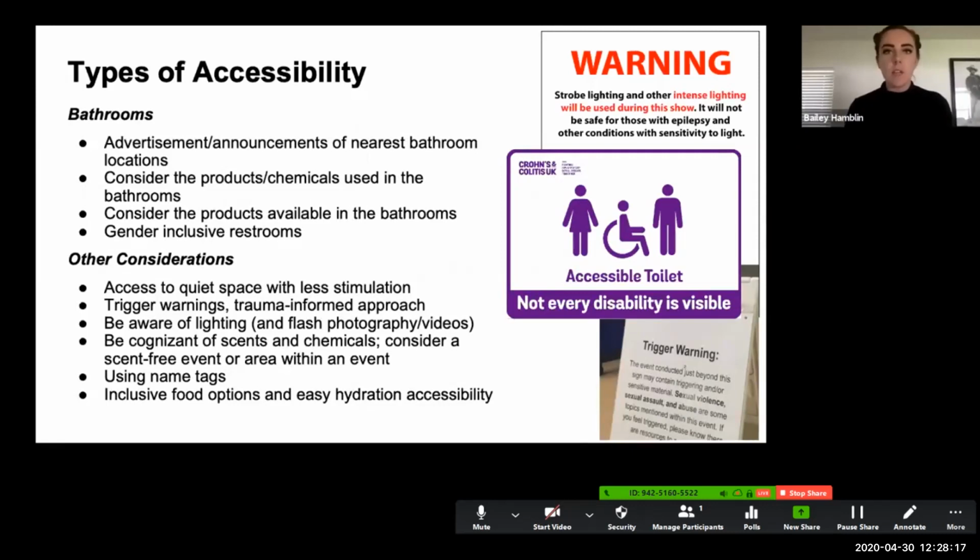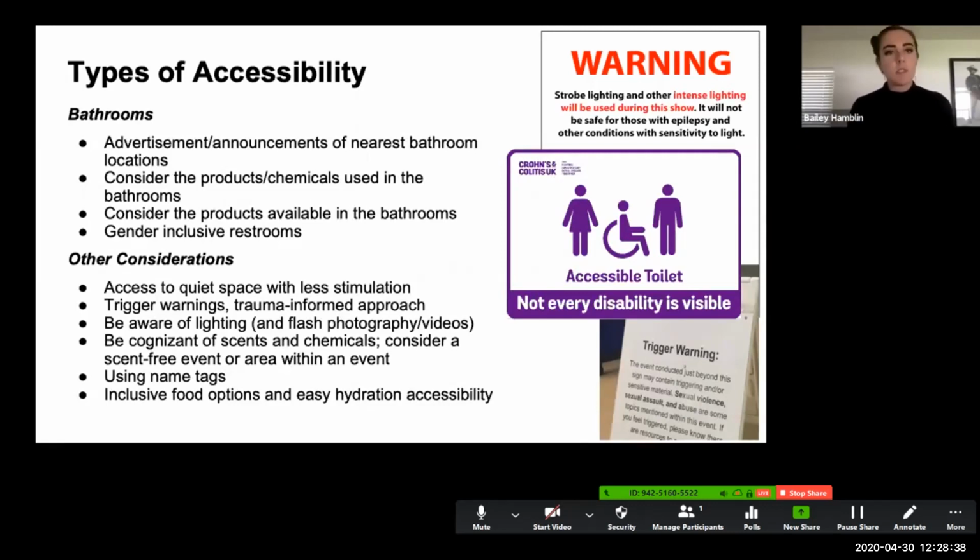That can be aggravating to folks with different health ailments. So consider perhaps having a scent-free event where you encourage your attendees to wear as little heavily scented products as possible, if that makes any sense.